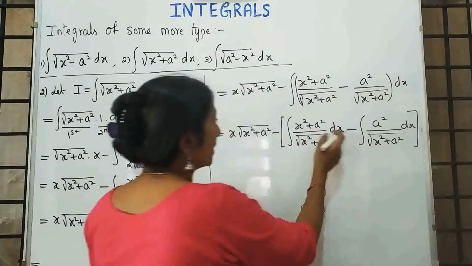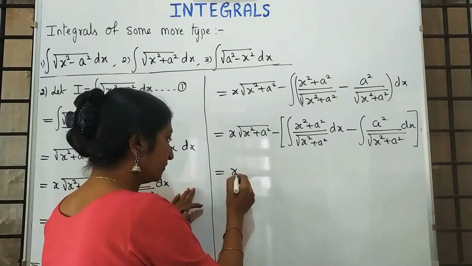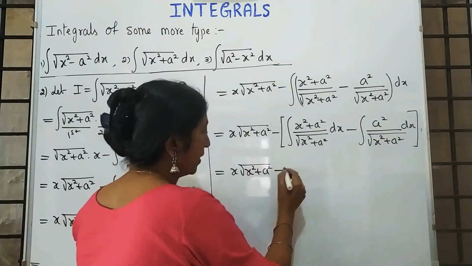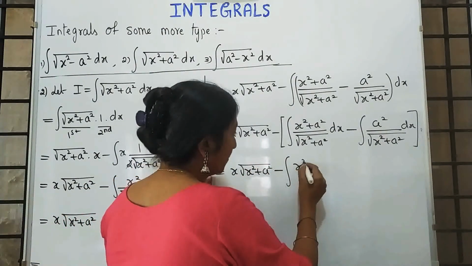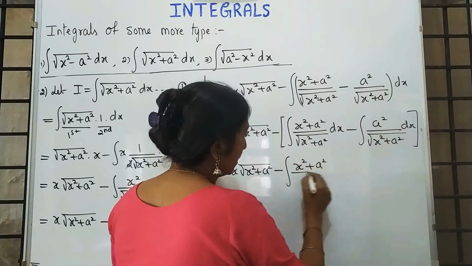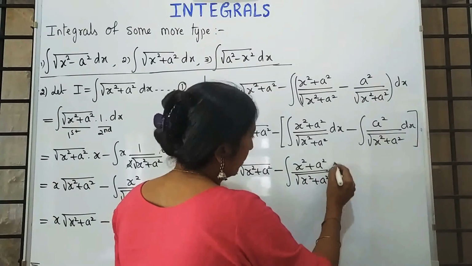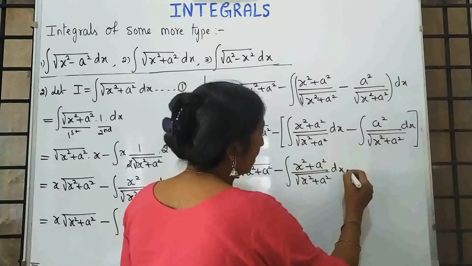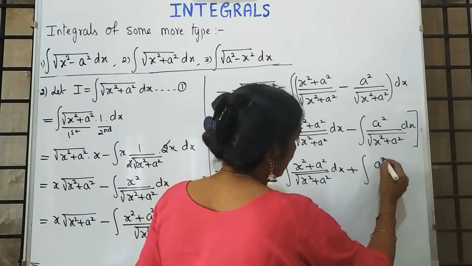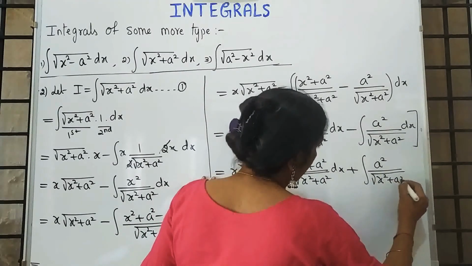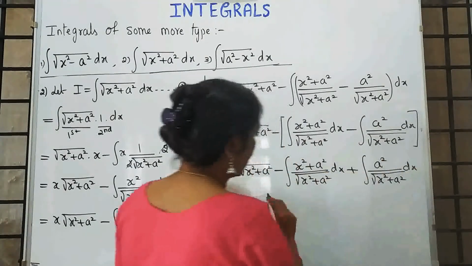In the next step, take minus inside the bracket. x into root of x square plus a square minus integration of x square plus a square upon root of x square plus a square into dx, minus into minus plus a square upon root of x square plus a square into dx.